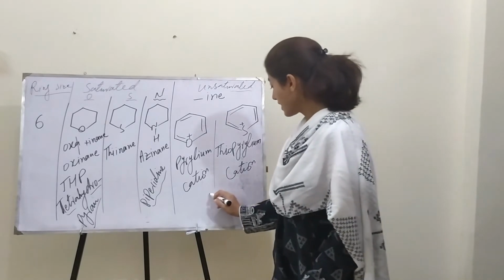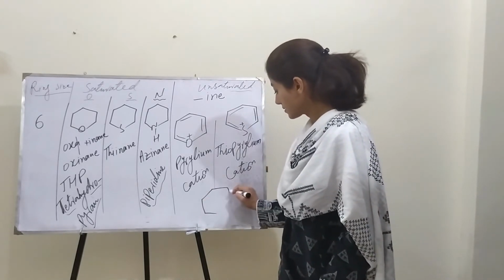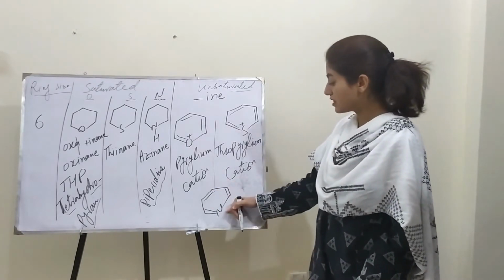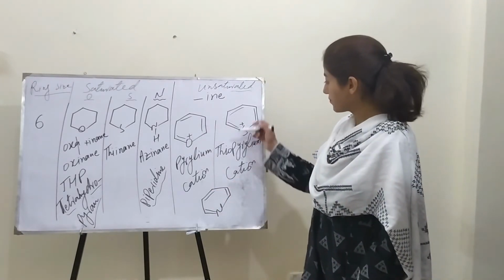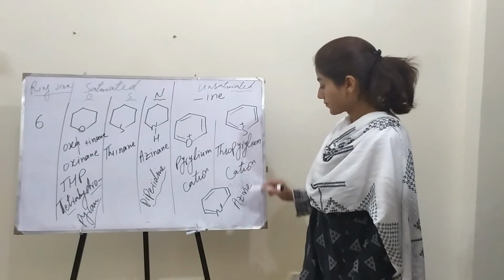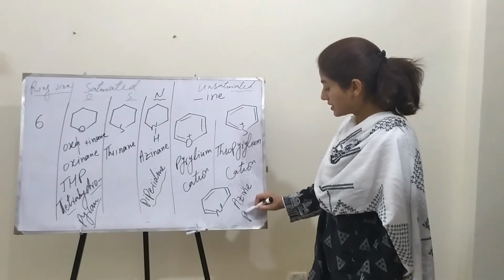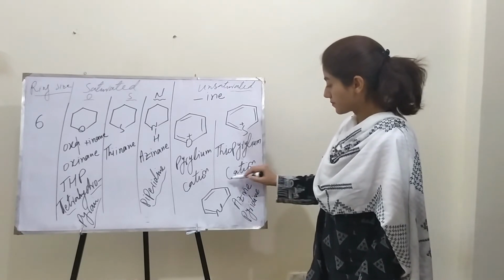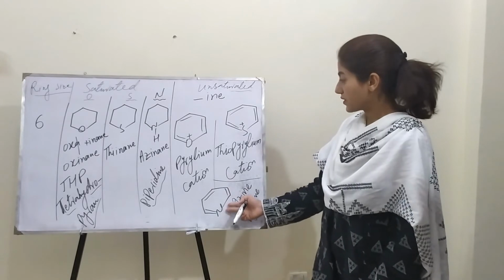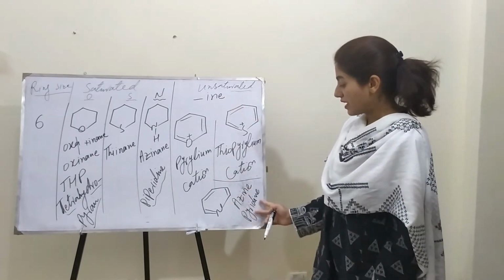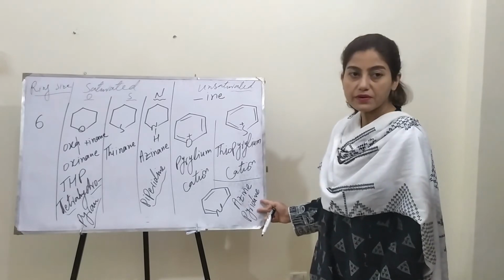And in the case of nitrogen, that is the unsaturated system with nitrogen, it would become azine, and its common name is pyridine. So this follows the ine system, that is azine, and its common name would be pyridine.